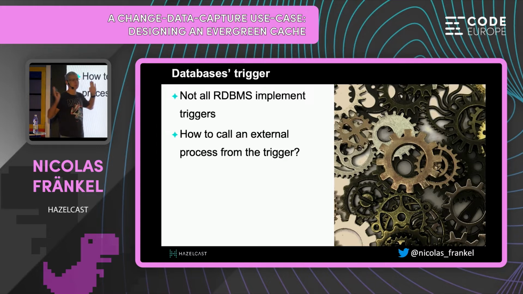So it restricts your choice. And perhaps you don't have a choice. Okay, that works. But in general, and that's all the use cases I've seen so far, triggers are meant to change the data inside the source of truth. But here, we want to actually change or update the cache.